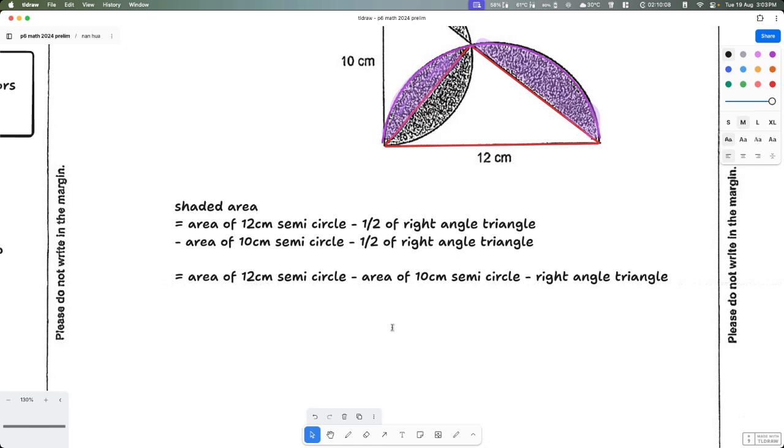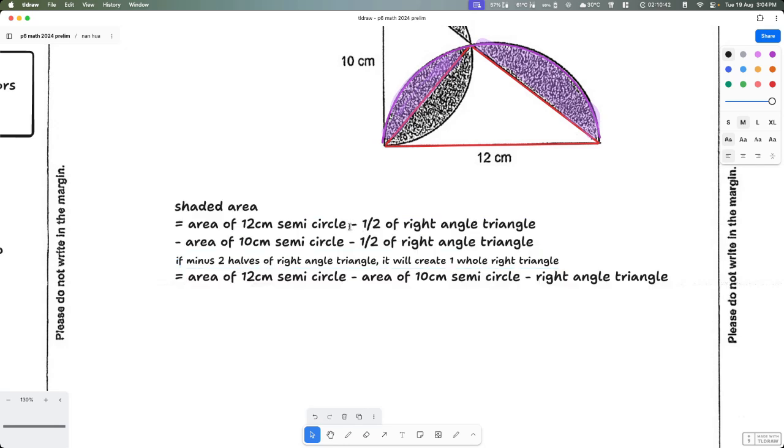So I'm going to write this down small. If minus 2 halves of right angle triangle, it will create one whole right angle triangle.